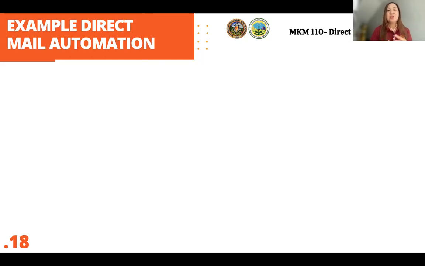Kasi automated na siya. If you're going to use a direct mail to your clients, it will have a follow-up email to your customers regarding the content of the direct mail. And ang ganda ng result niya. Every now and then, if there are customers who click that email, who open it and are very interested, there is an analytical result with that.